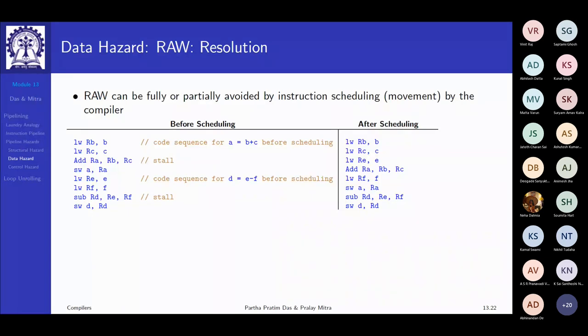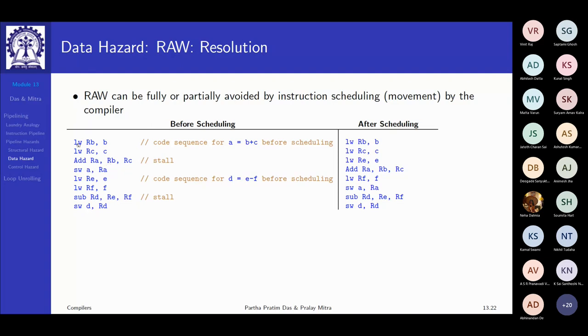Now, what will happen when you try to do this add? What is the status of the loading of B? This has got fetched in the first cycle, this is in the second cycle, this is in the third cycle. So in the fourth cycle, add actually needs to get this value.